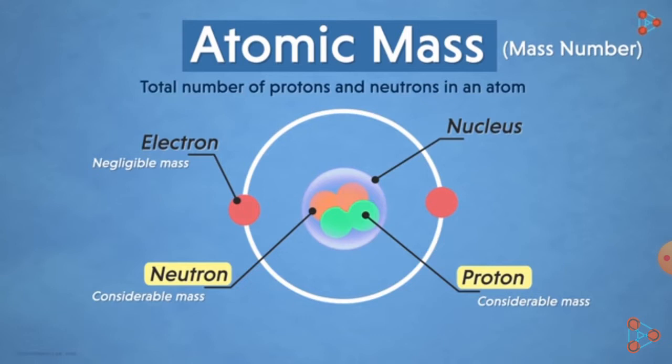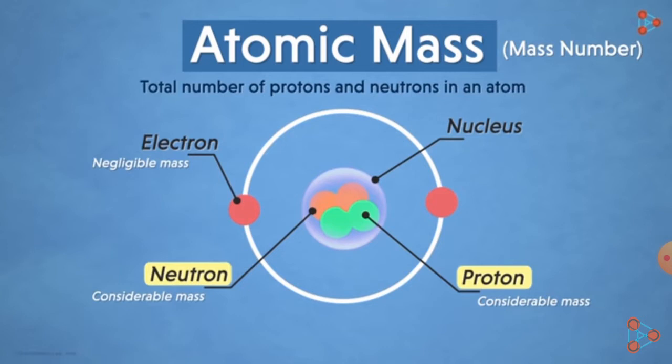The atomic number is the number of protons, only the number of protons, which is equal to the number of electrons in a neutral atom. So what is the atomic number here? It is 2. Now, the mass number.